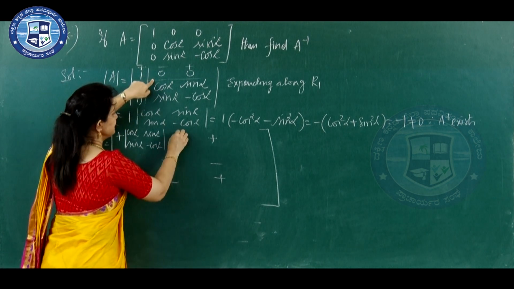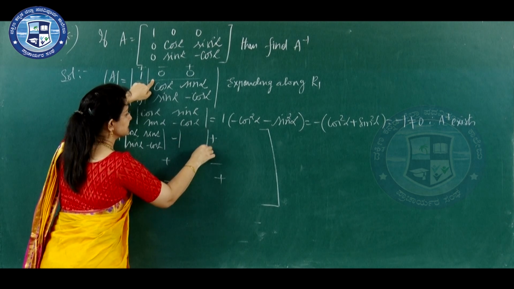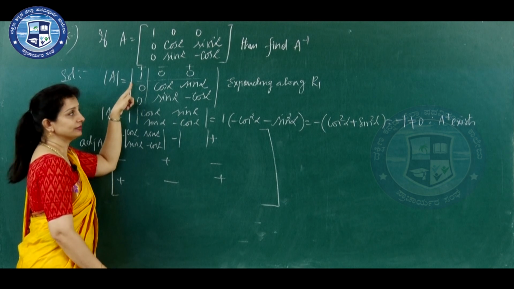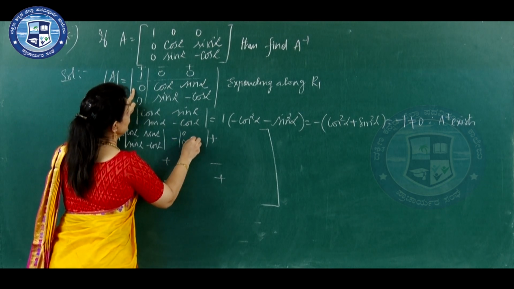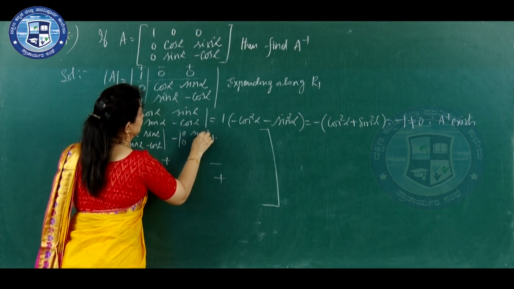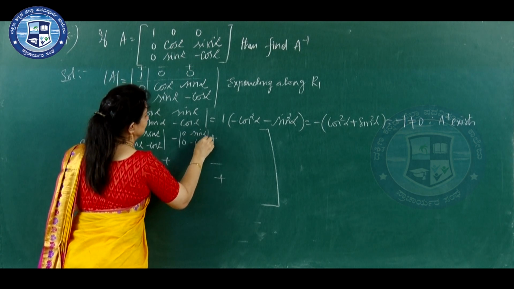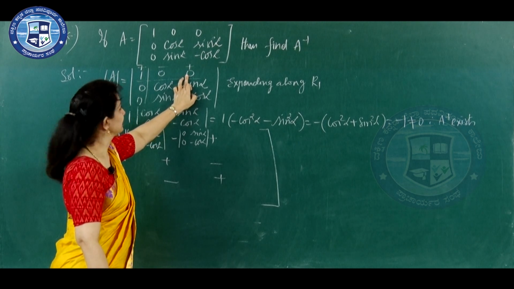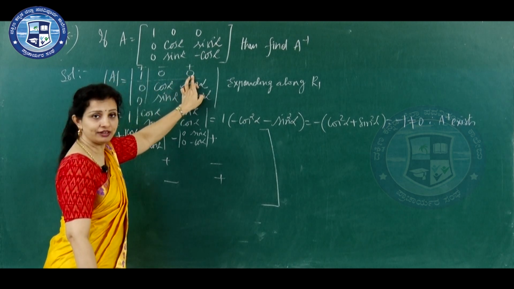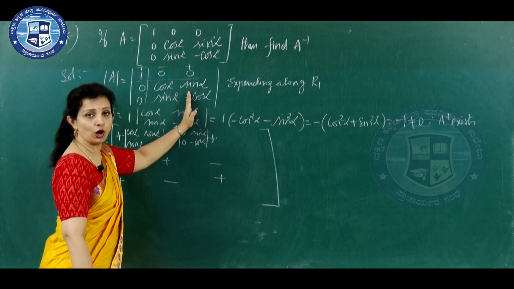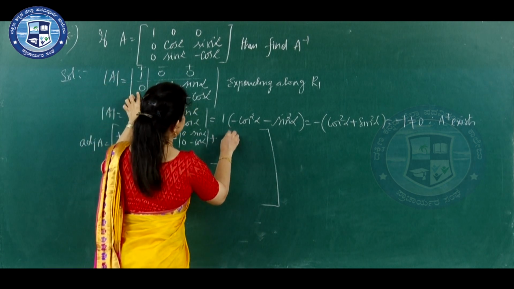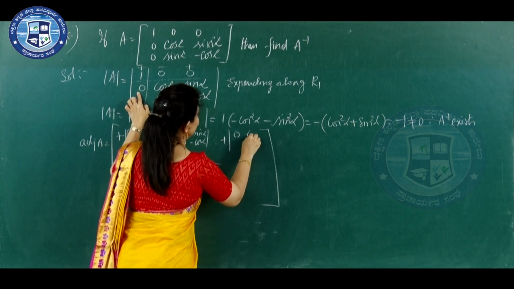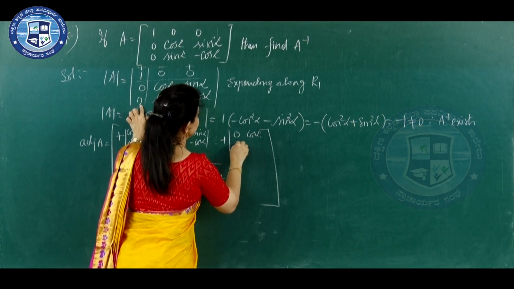Now the second element here, the position sign is minus. Deleting first row and second column, we have 0, 0, sin alpha, minus cos alpha. Third element is 0, so deleting the first row and third column, the position sign is plus, and the remaining elements are 0, cos alpha, 0, sin alpha.